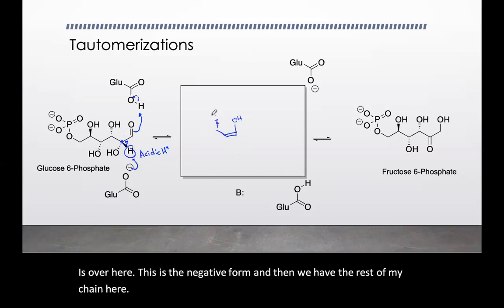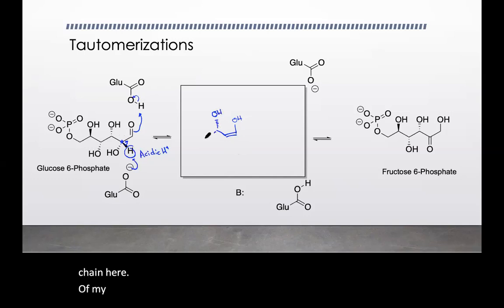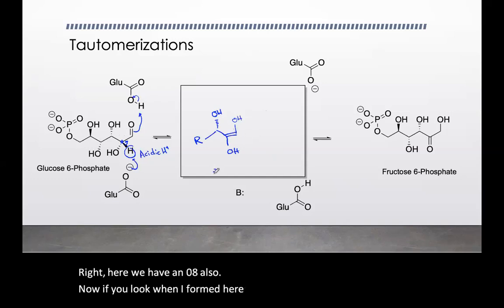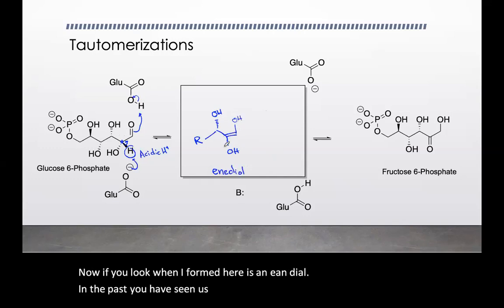Of my glucose 6-phosphate. Right here, we have an OH also. Now, if you look, what I've formed here is an enediol. In the past, you've seen us form an enol, but now I have an enediol.